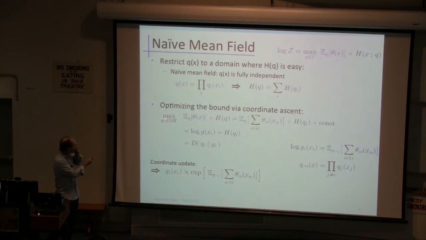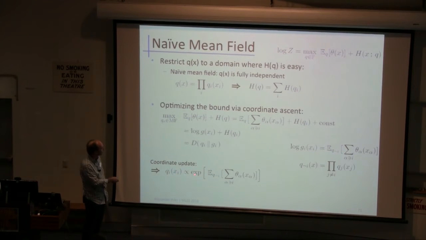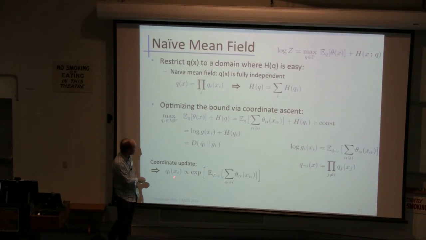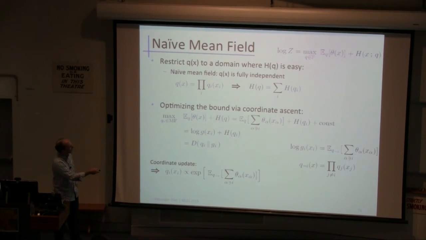So the optimal value of qi is to set it proportional to the exponentiated expectation of the local functions theta. So to update each qi, we fix all the other qj's, calculate the expectation of our neighboring factors alpha under those qj, giving us a function of just xi, and then make that a distribution and normalize it, and that becomes qi.